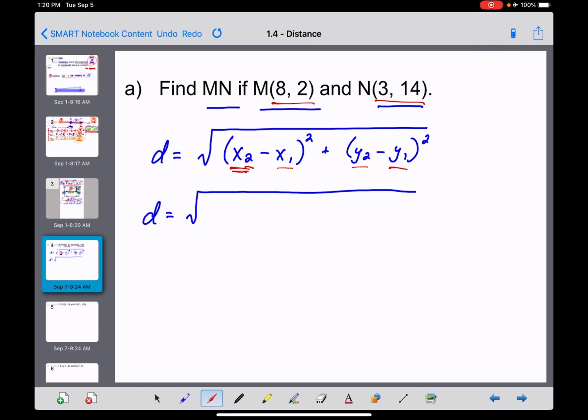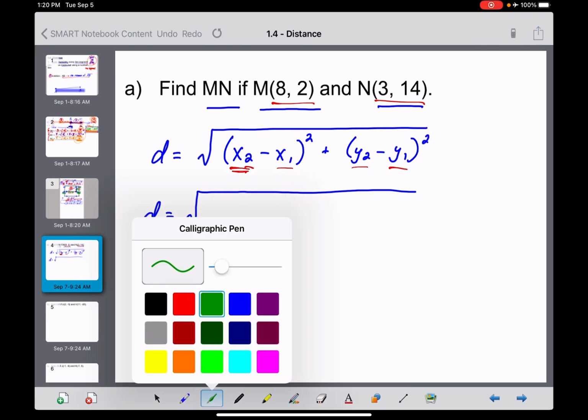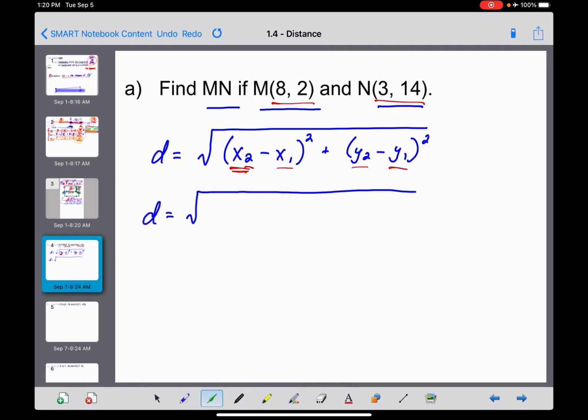If I look at the ordered pair (8, 2), 8 is my first x coordinate, so that's x1. 2, right next to it, is my first y coordinate, so that's y1. Let's move on to point N now, where 3 is the second x coordinate, so that's x2, and 14 is the second y coordinate, so that number is y sub 2.